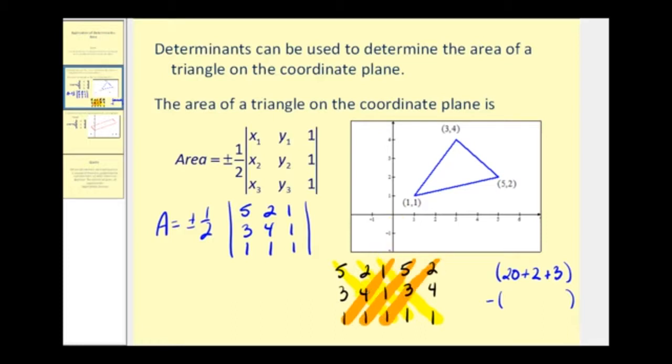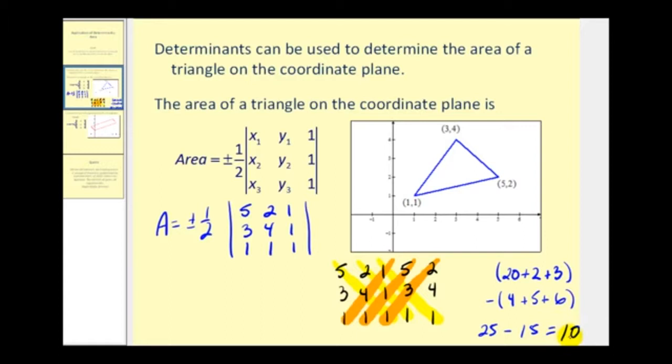So we'll have 1 times 4 times 1, that's 4. 5 times 1 times 1, that's 5. And then lastly we have 3 times 2 times 1, that's 6. So it looks like we're going to have 25 minus 15, which is equal to positive 10.